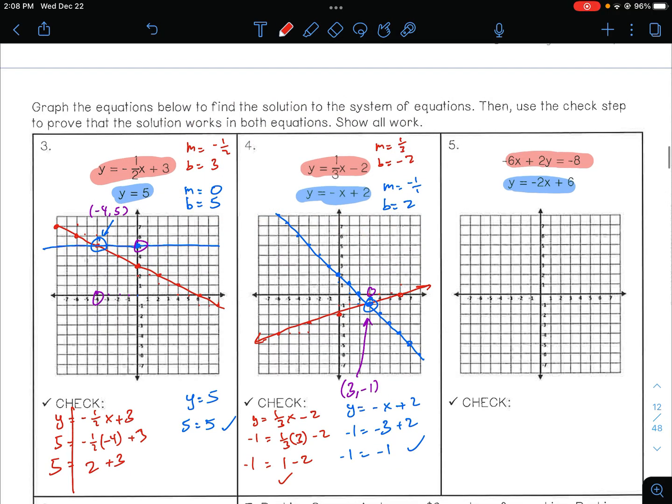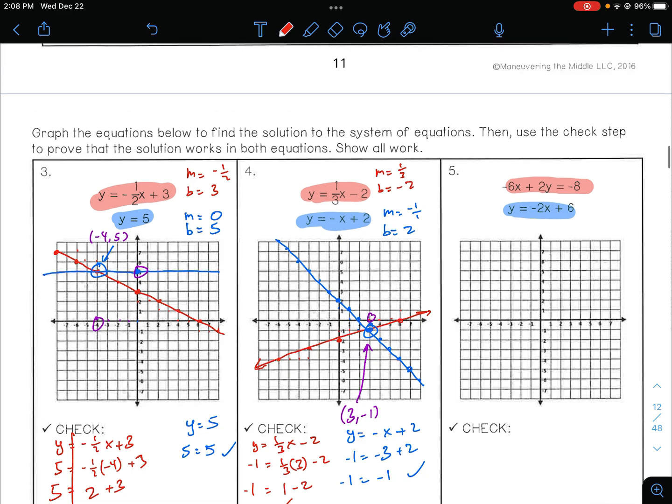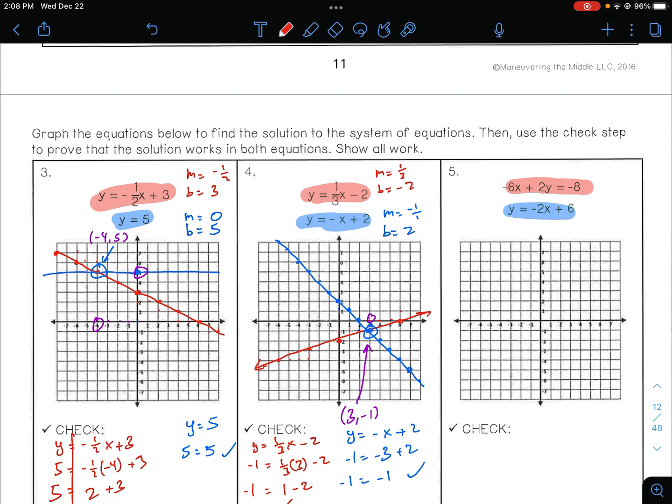My slope is, I have no idea what my slope is. You know why? Because it's not written in y equals mx plus b form, so I'm going to do some side work up here. So -6x plus 2y equals -8.